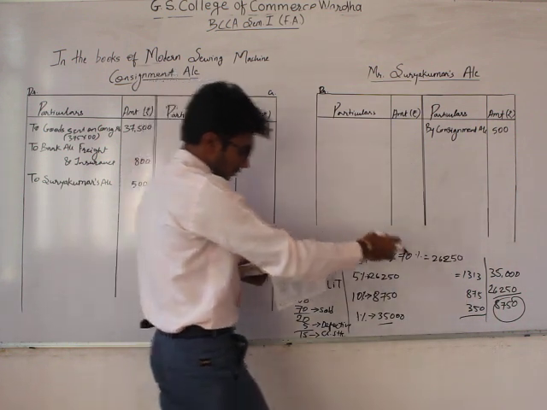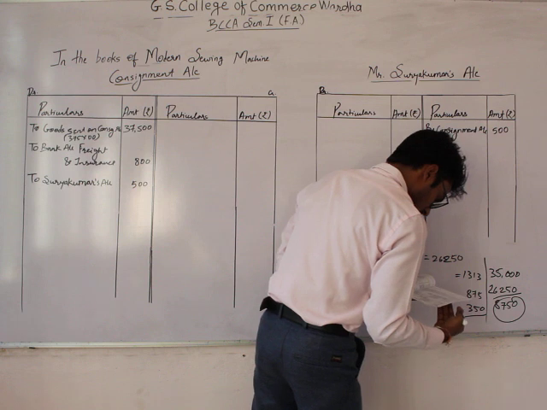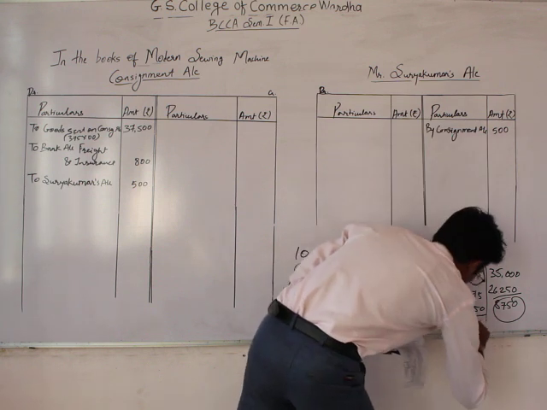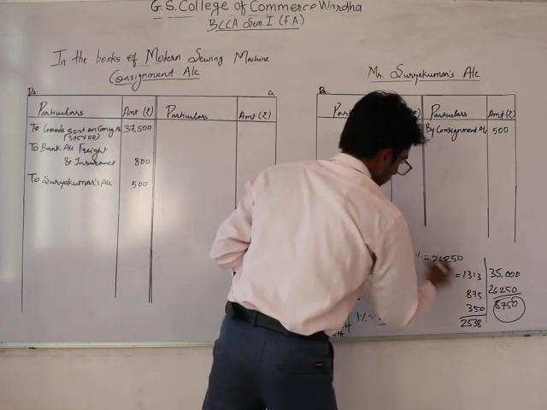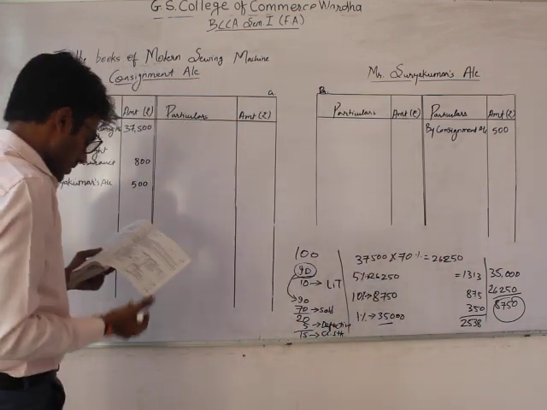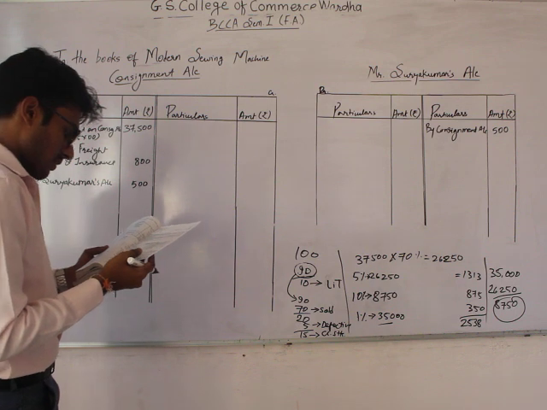So that is how you can calculate it. By adding these, your total commission will be 2,538. So this is your commission amount, 2,538.